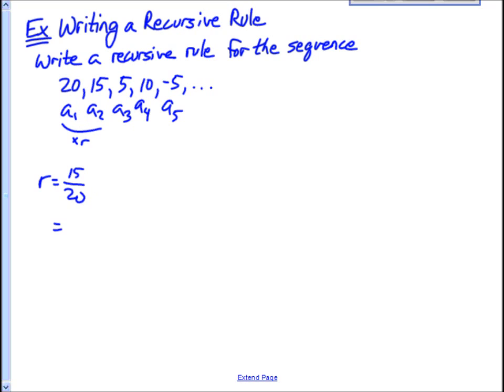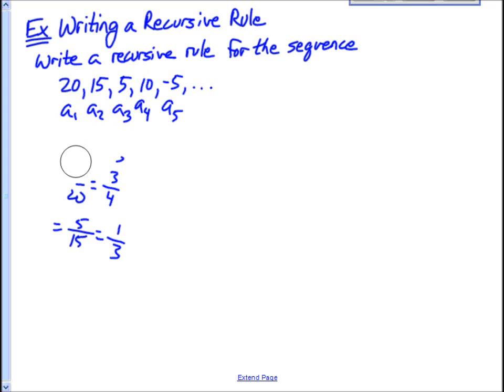Is that the same thing as the third over the second? That's 3/4. This is a third. Oh, wait a minute. Nope, no common ratio here. You're multiplying by 3/4 initially, then you're multiplying by 1/3, and then you're multiplying by 2, and so, okay, it's definitely not arithmetic. It's not geometric.